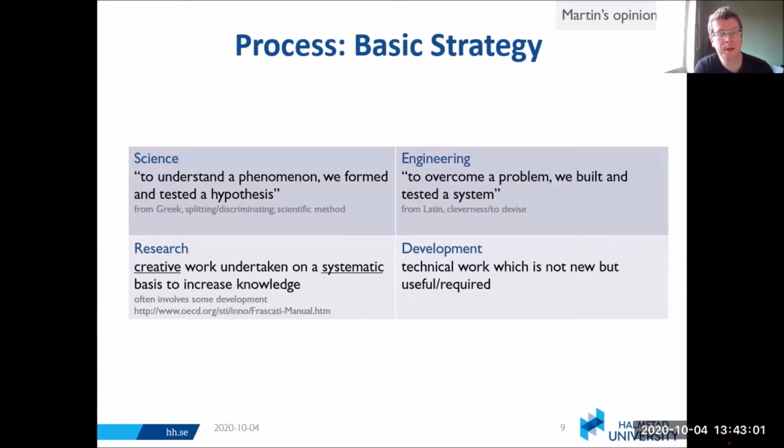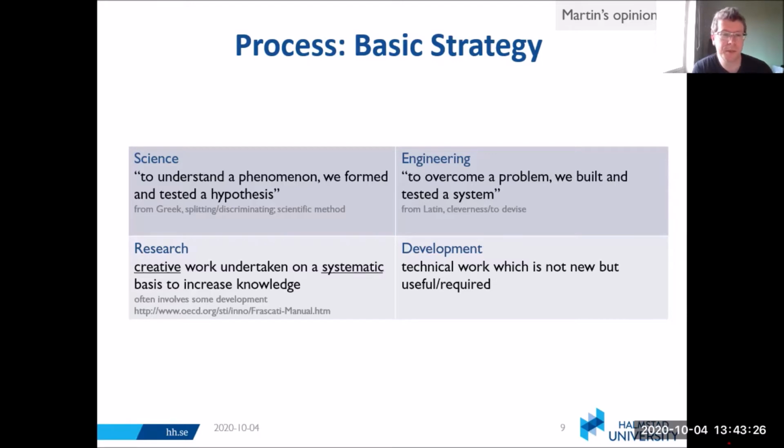This comes from Greek, meaning splitting or discriminating. Basically, if you use the scientific method, it's science. In engineering, the emphasis is more that you've got some type of problem and then you build a system to overcome that problem. This word comes from Latin, meaning cleverness or to devise something.